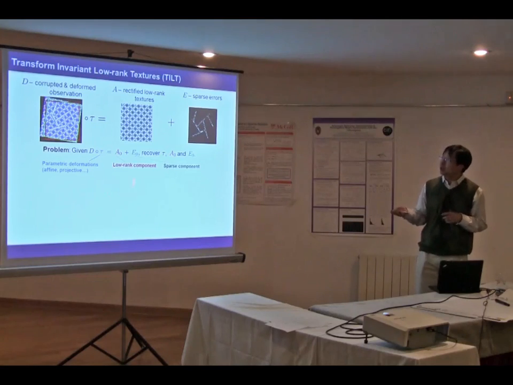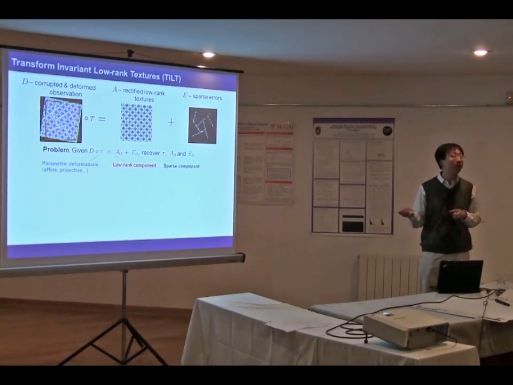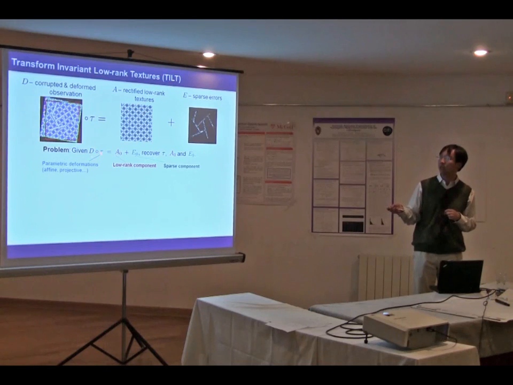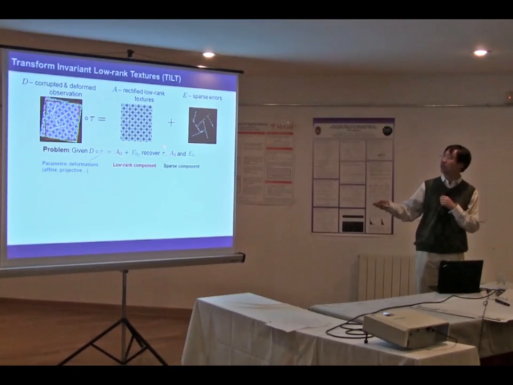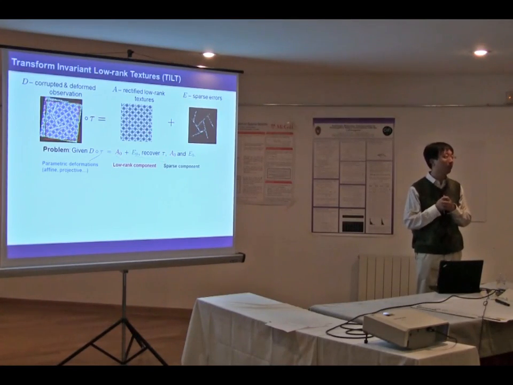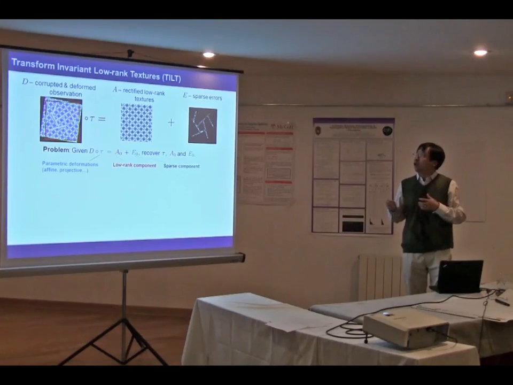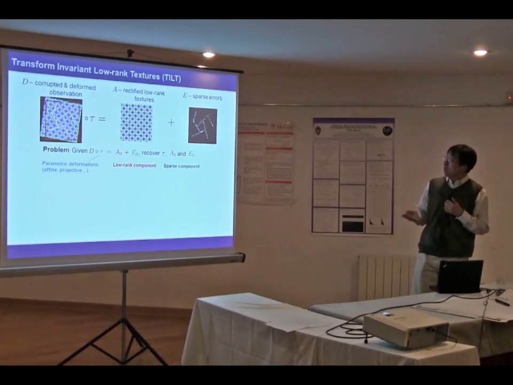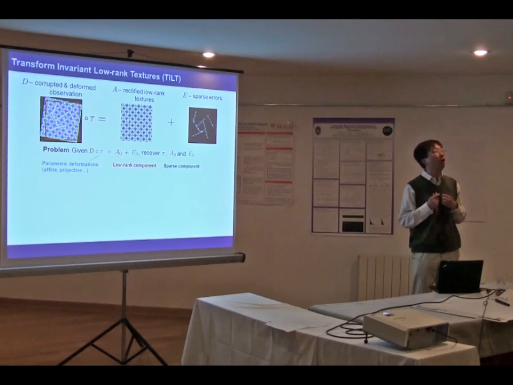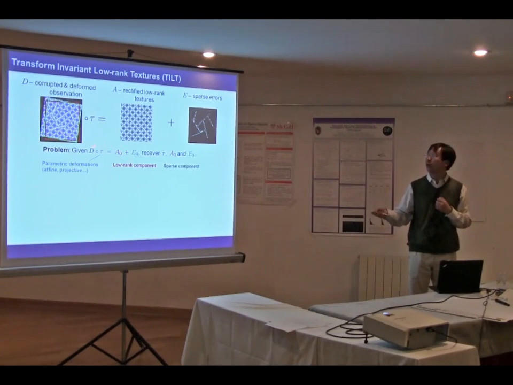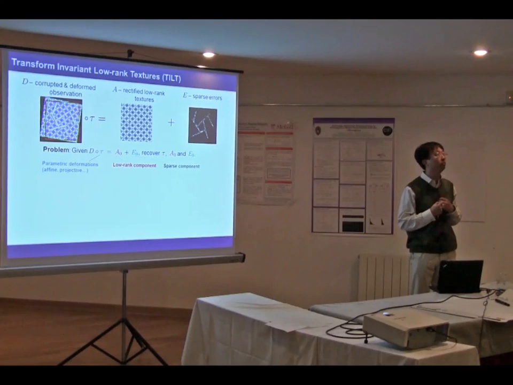So now you have to solve a slightly more complicated problem. You don't know the deformation anymore. You have to estimate some kind of parametric deformation of the domain before you get to see the low-rank plus sparse structure. But the good thing is that you can use the low-rank plus sparse structure as a goal to help you look for the deformation.